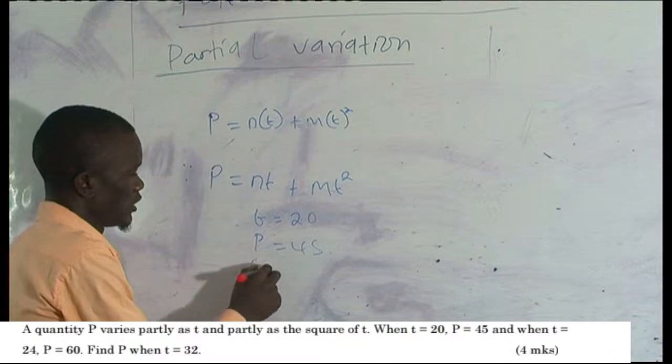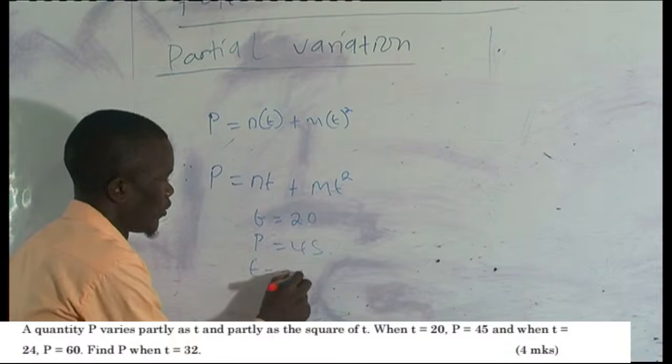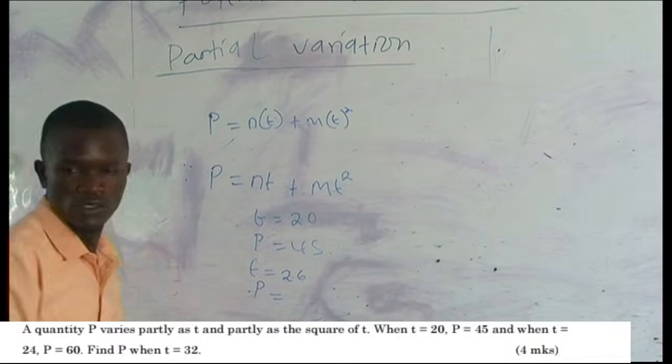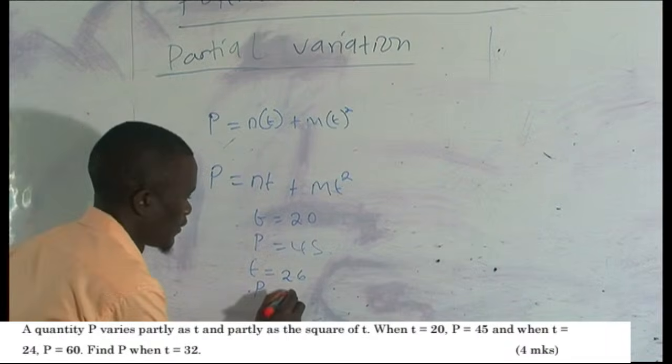Then t is equal to 24 when p is equal to 60.